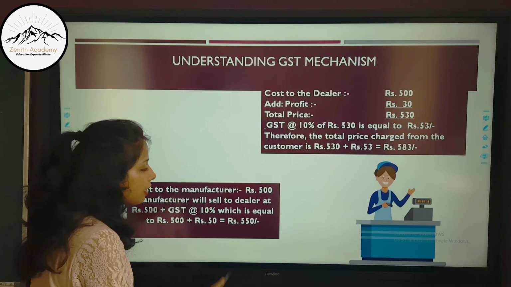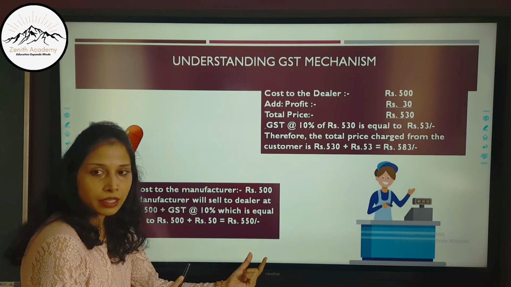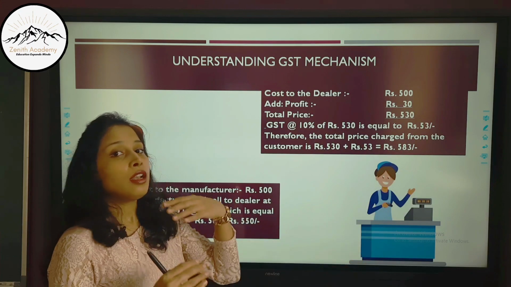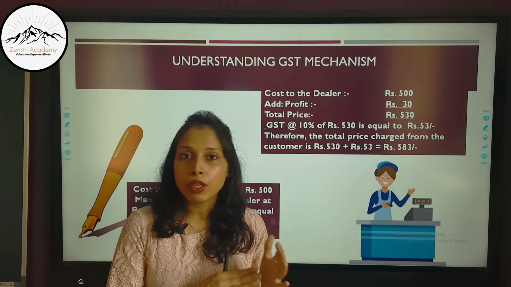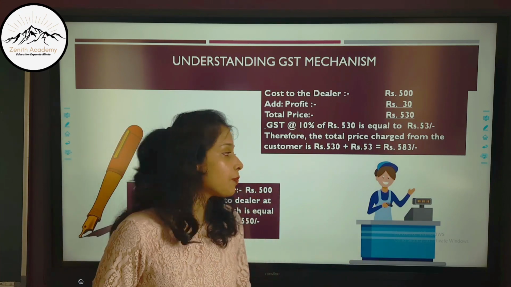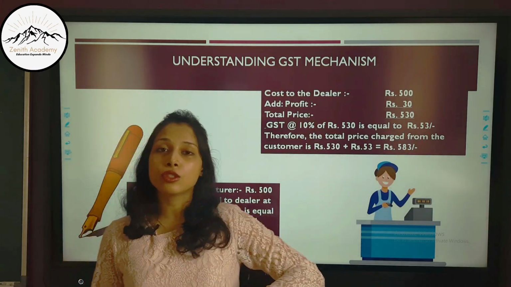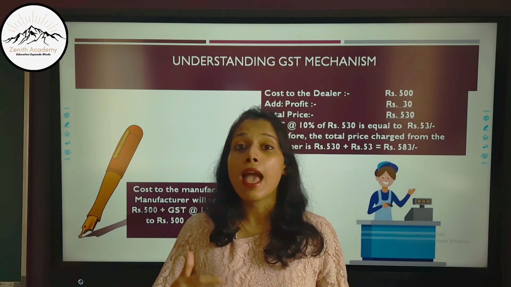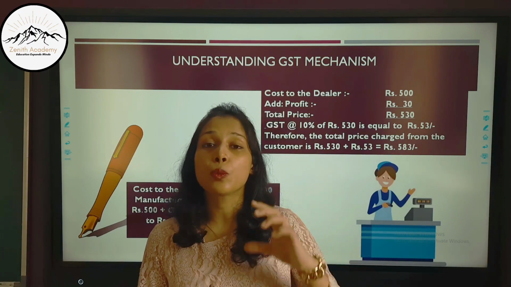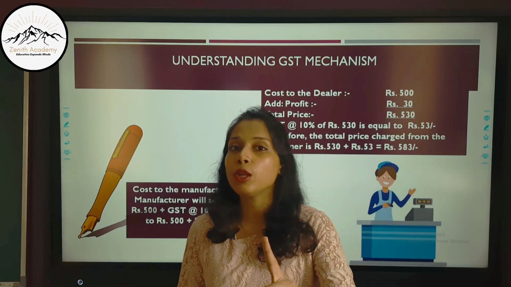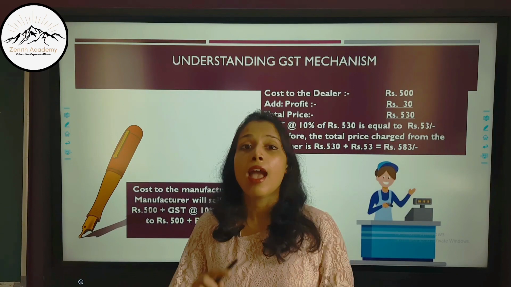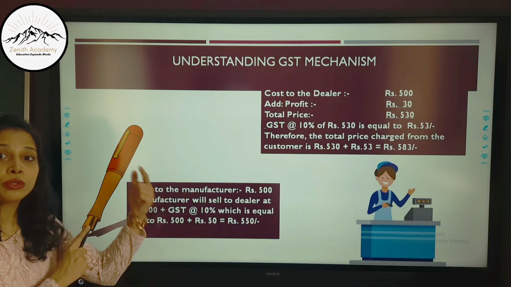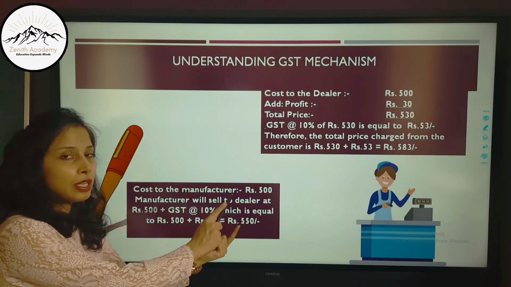At this price, that is rupees 550, the manufacturer will sell it to the dealer. The important point to keep in mind here is that the dealer will pay the manufacturer rupees 550, but the actual value of this pen is rupees 500 only. 50 rupees is the GST, and this GST is deposited by the manufacturer to the government, and it is not kept with the manufacturer.